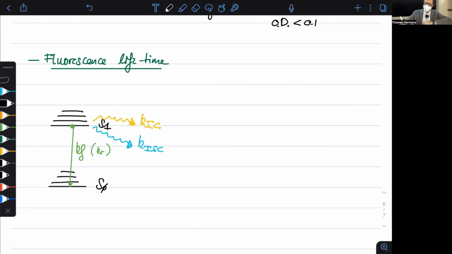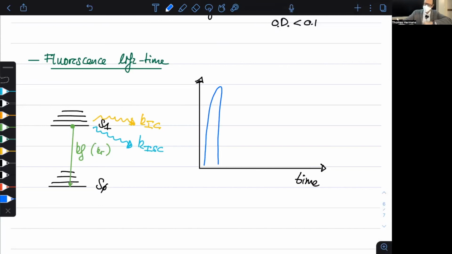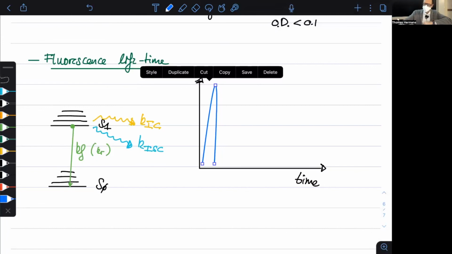So if you look as a function of time and I do my excitation, this will be very short, right?